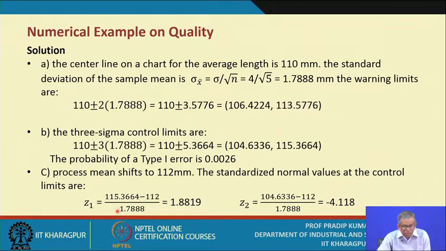The standard deviation remains the same, that is the assumption. Similarly, at the lower control limit, that is 104.6336, you calculate Z2. So, you take the difference from the changed value of the mean, that is 112, and the standard deviation remains the same. So, that means it is minus 4.118.